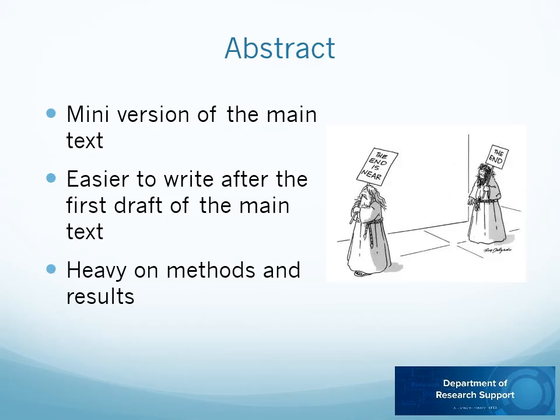Since your abstract is meant to be a quick snapshot of your study, its content should be very methods and results focused. You should provide just enough methods information to make your abstract results understandable to readers. Because this is a brief summary of the overall study, you can only emphasize the main findings of your study.